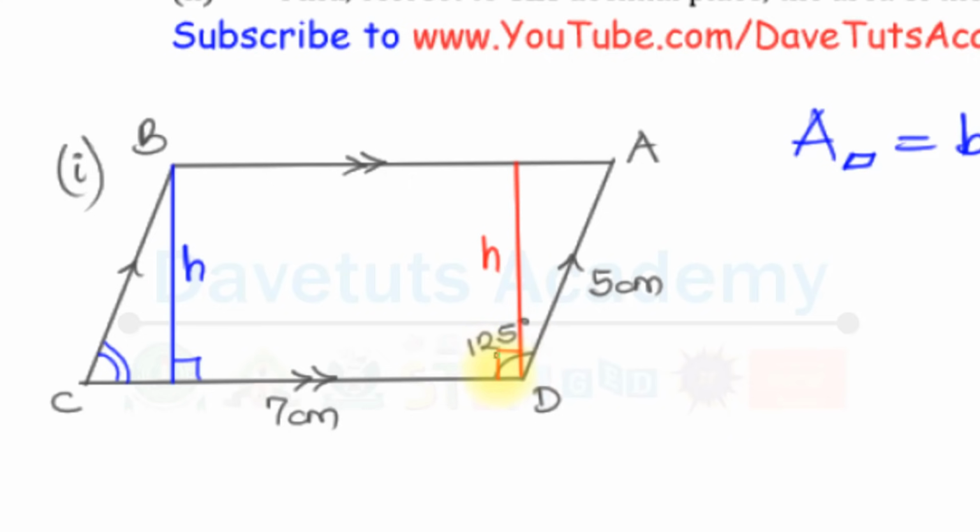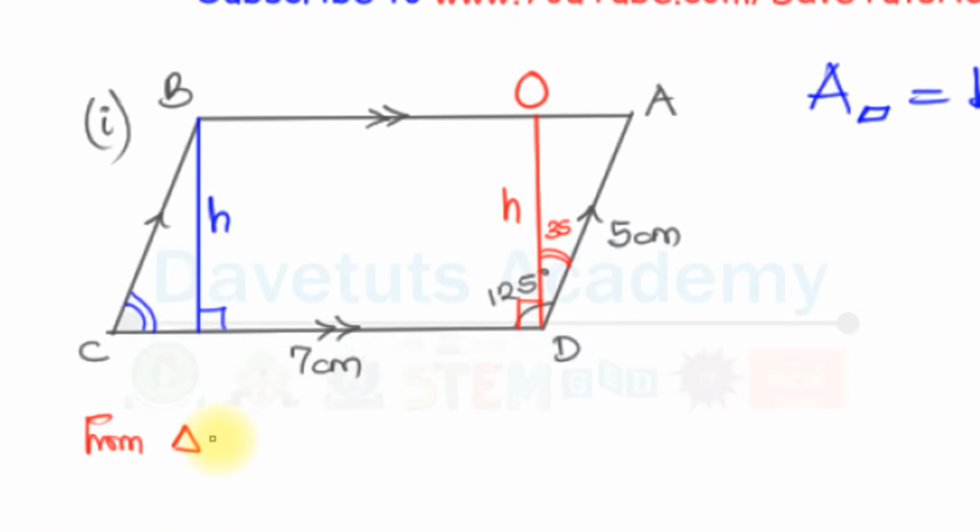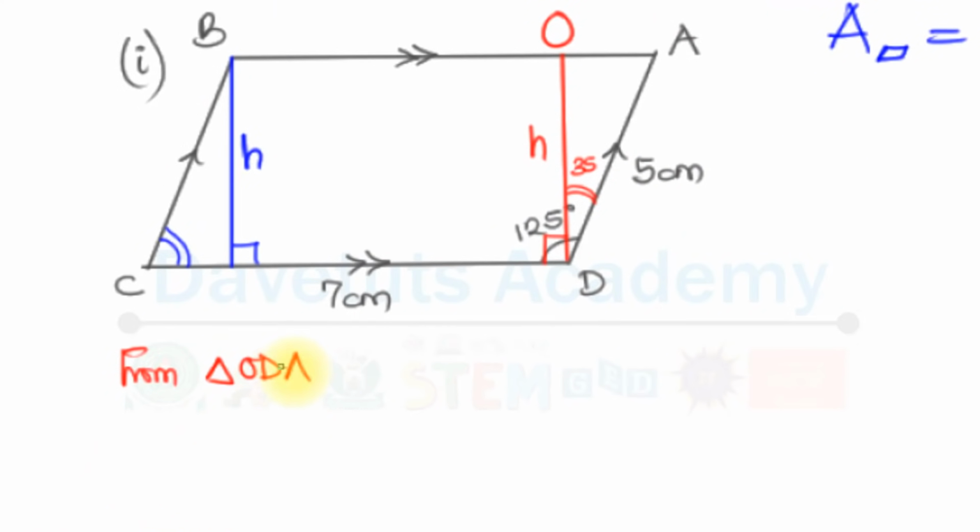So if I take 90, which is a right angle, out of 125, this is going to remain 35. Okay, so looking at this particular shape, if I call this O, I can say from triangle ODA, which is something that I have like this.